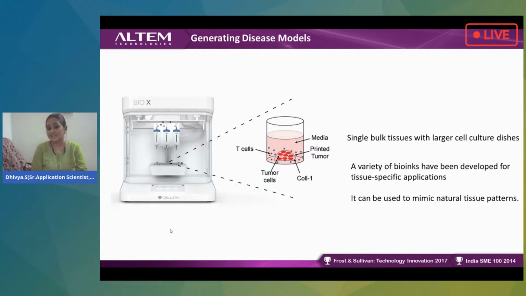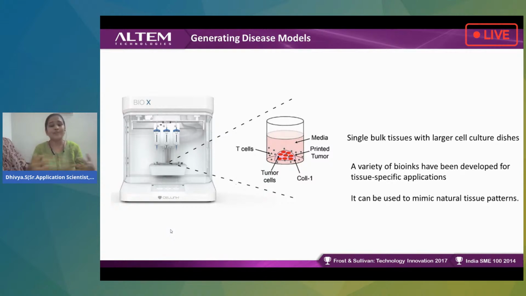And you can use a variety of bio inks. As you saw in our previous sessions, I will keep stressing the bio inks. These bio inks are very important for tissue specific applications. Whichever cell you want to study, maybe liver cells or heart tissues or an eye, for whatever tissue, that specific bio ink needs to be utilized.